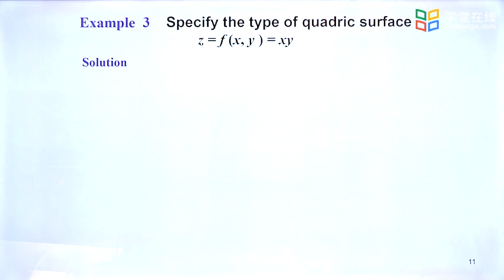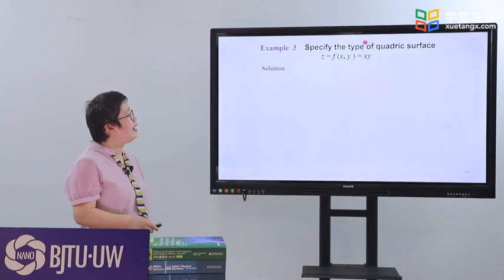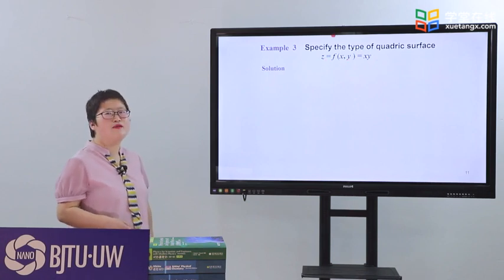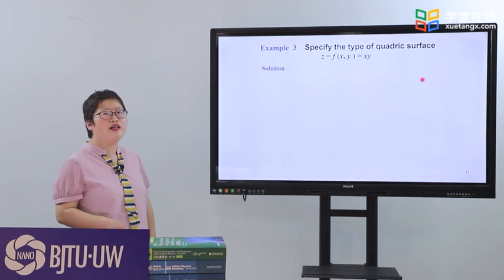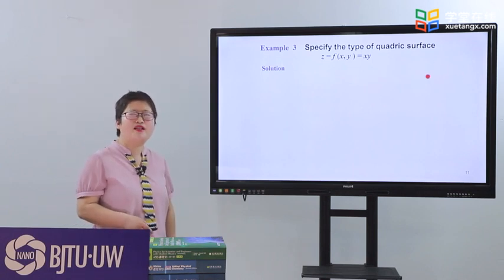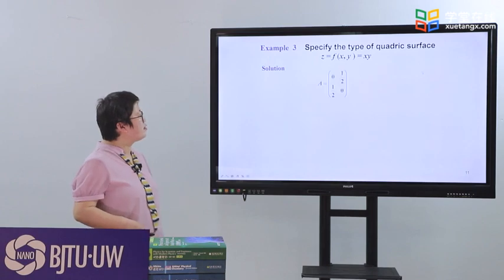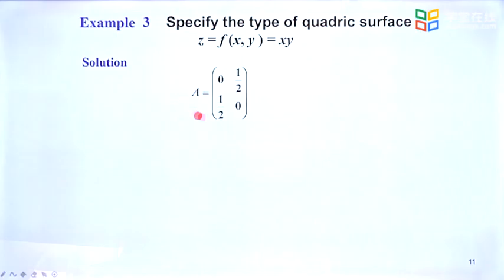Now we see this example. Specify the type of the quadratic surface z equals f(x,y) equals x times y. Just from this equation, it's not in the standard position, so we don't know which figure it is. So we first write this matrix A here, and we want to transform this x times y into standard position.